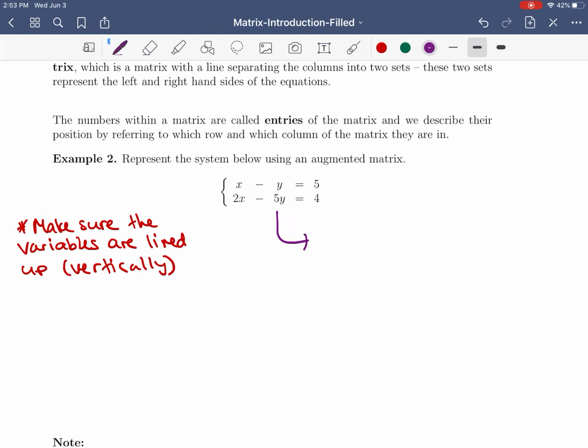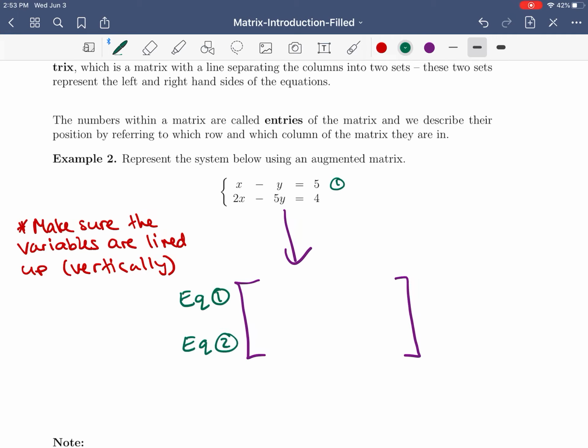When we want to put this into an augmented matrix, I'm going to go down below here. What we're going to have is a matrix that has 2 rows and 3 columns. Row 1 is going to be for equation 1, and row 2 is going to be for equation 2.